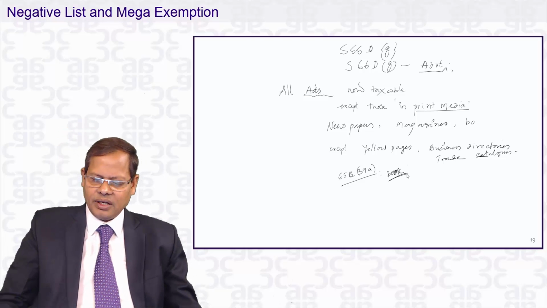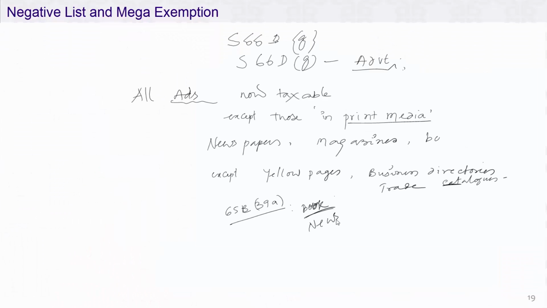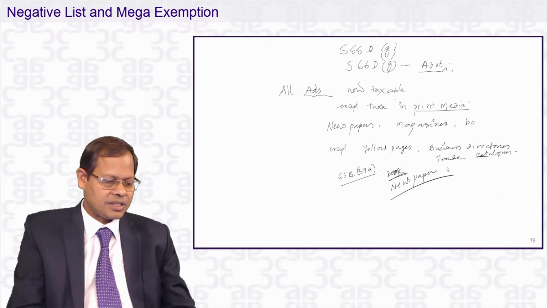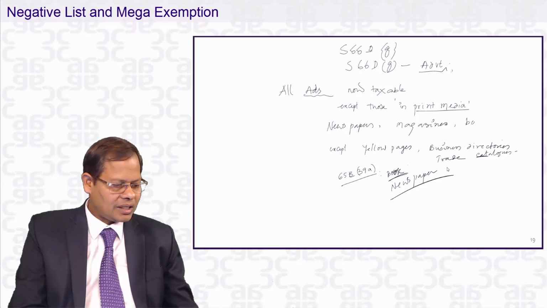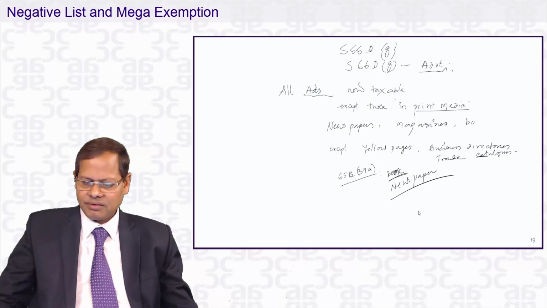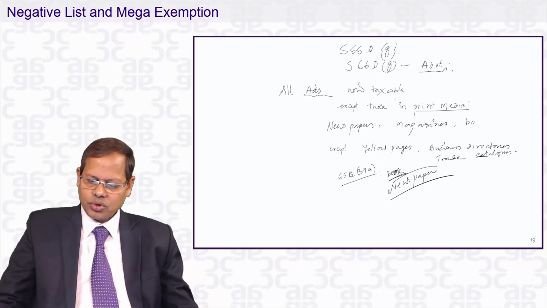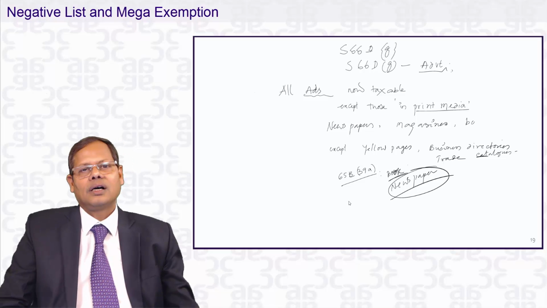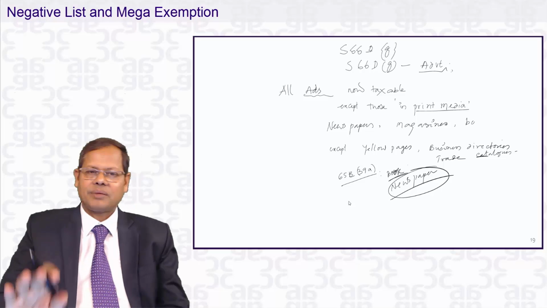And next, newspaper. A newspaper is registered, just like Hindustan Times, Times of India, Indian Express, The Hindu, Deccan Chronicle. Newspaper as defined under the Press and Registration of Books Act. Books and newspapers are under the negative list except these two.